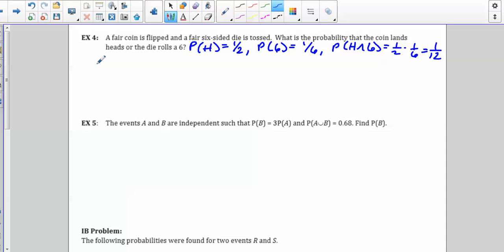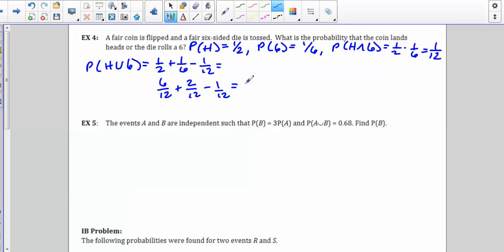So that would be the probability of heads or 6, and it's going to equal the probability of heads, which is 1/2, plus the probability of a 6, which is 1/6, minus the intersection. And with a common denominator, you should get 6/12 plus 2/12 minus 1/12 equals 7/12.